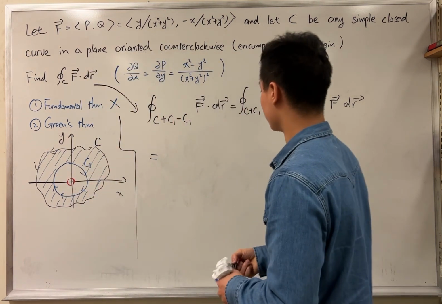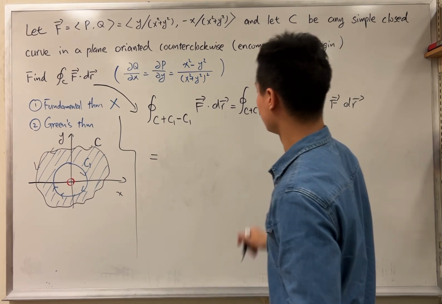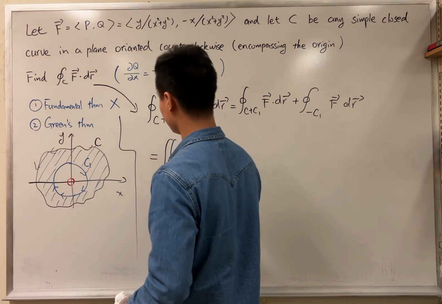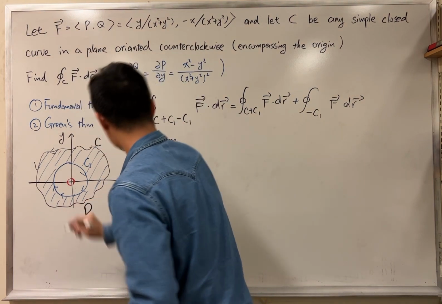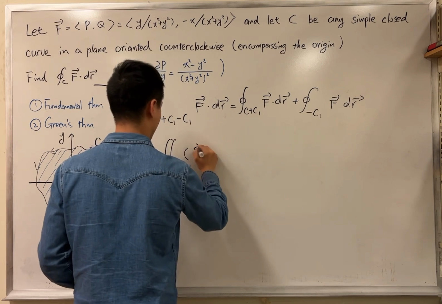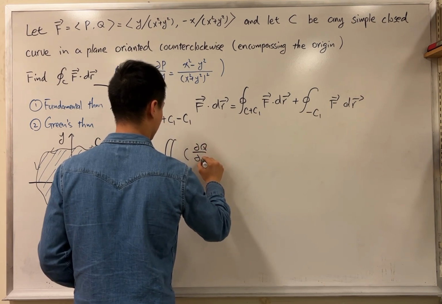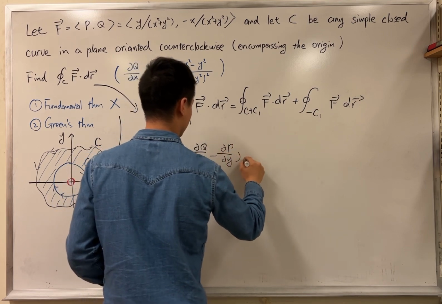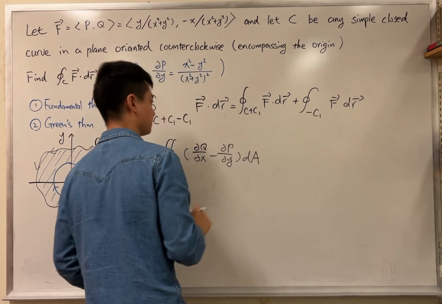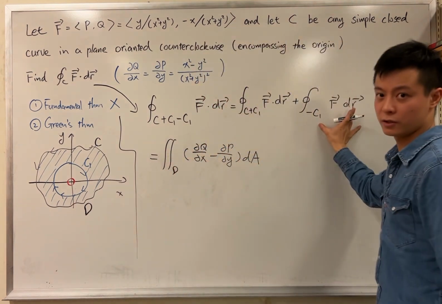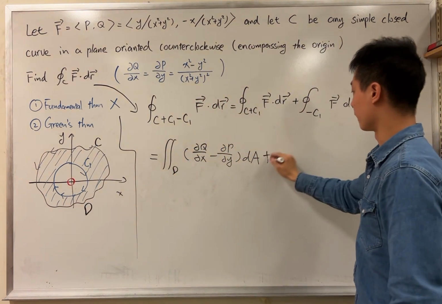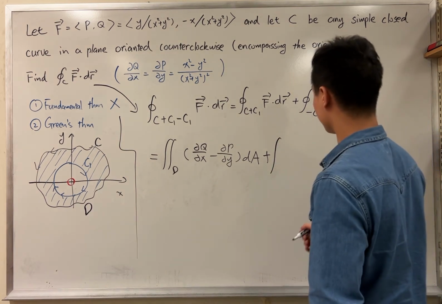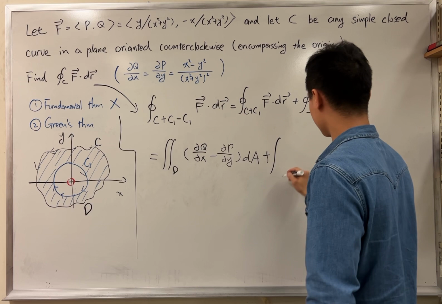So by the Green's theorem, we can turn this part into the double integral over the region D, where D denotes exactly this region, of the expression partial Q partial x minus partial P partial y dA. And for this part here, it's just going to be a simple evaluation of a single variable definite integral.